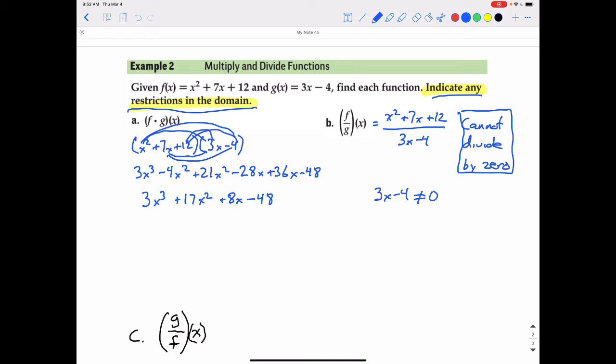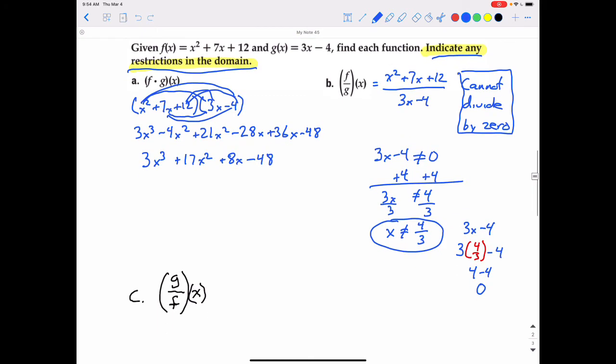So I'm going to set it not equal to 0, and you just solve it like a regular equation. I would add 4 to both sides, so 3x cannot equal 4, then divide by 3. So x cannot equal 4 thirds. And so that is the restriction to the domain. x cannot equal 4 thirds.